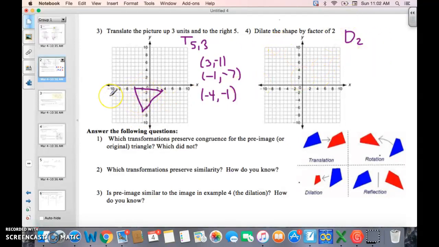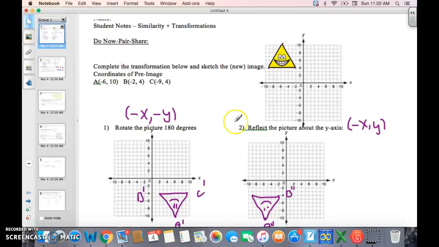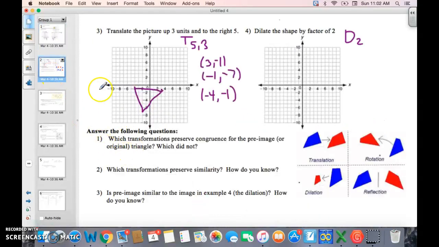Please note this triangle is exactly the same size in each of these pictures because neither a rotation, reflection, nor a translation changes the size. But now when we dilate it, this is when we get a similar figure. So you just take all your coordinates and multiply them by 2. So 3, -1 will now be at 6, -2. -1, -7 is now -2, -14, which is going to be down here somewhere.